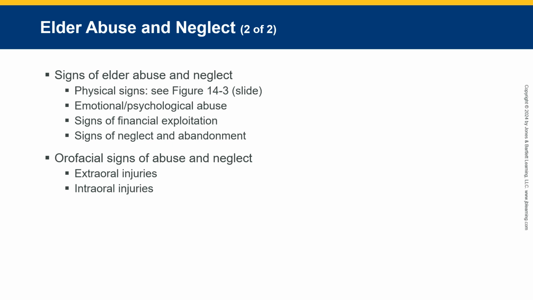Signs of financial exploitation include changes in access to bank accounts and wills. And signs of neglect and abandonment include unsafe living conditions and malnutrition.